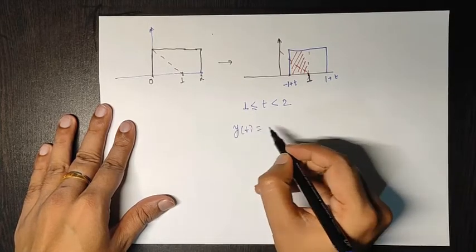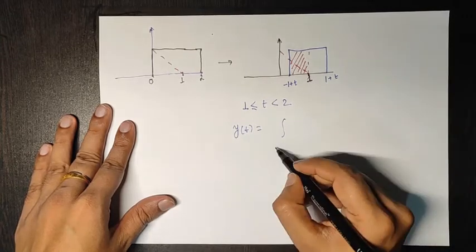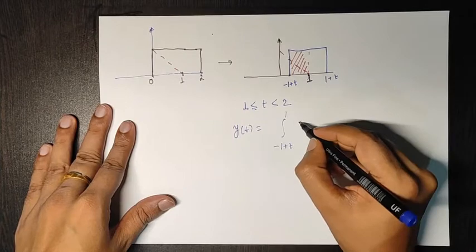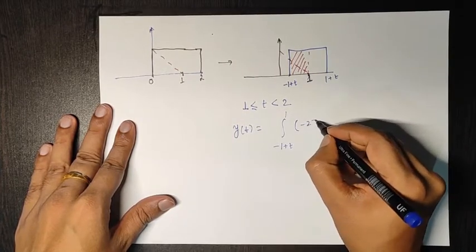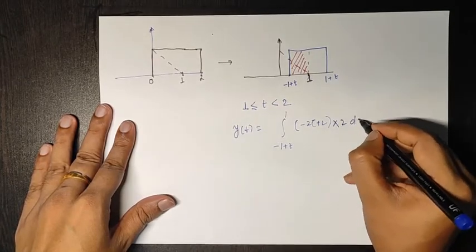the y of t will be, the interval is minus 1 plus t to 1, minus 1 plus t to 1, and this will be minus 2 tau plus 2, and 2 into d tau.